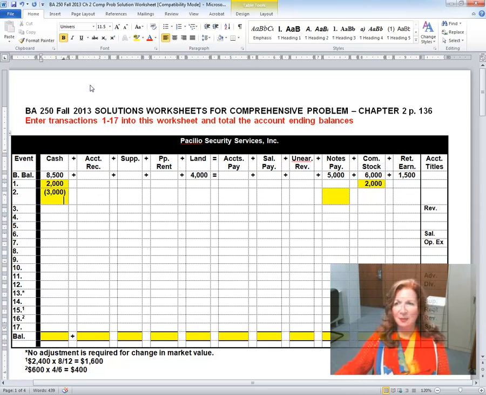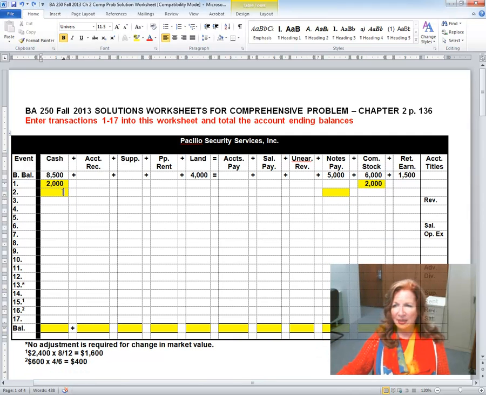Excuse me, it does need the parentheses, so as you put in the parentheses, 3, comma, and then 3 zeros, and then the closing parenthesis, that will be the amount of cash going down. And now notes payable is also going down, so that's parentheses 3,000 closing parenthesis, and that's our way of recording that the cash was going down and the notes payable was going down, that we had paid some off.